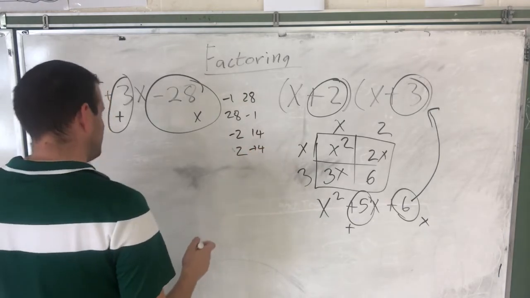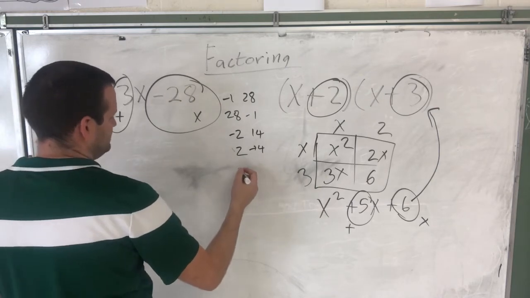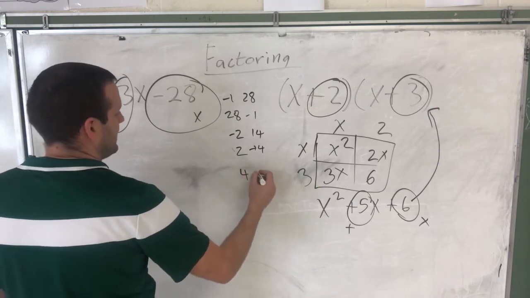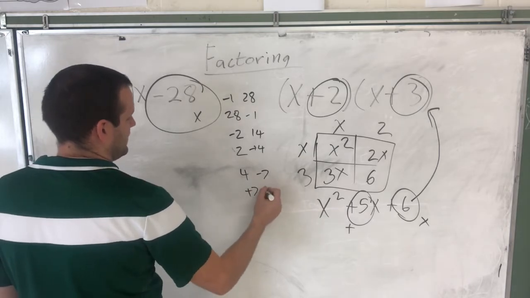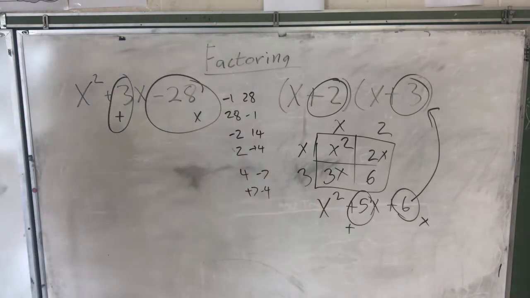What are some other numbers? 4 and negative 7, positive 7 and negative 4. Those, I believe, are all the whole numbers, integers, that multiply to be negative 28.